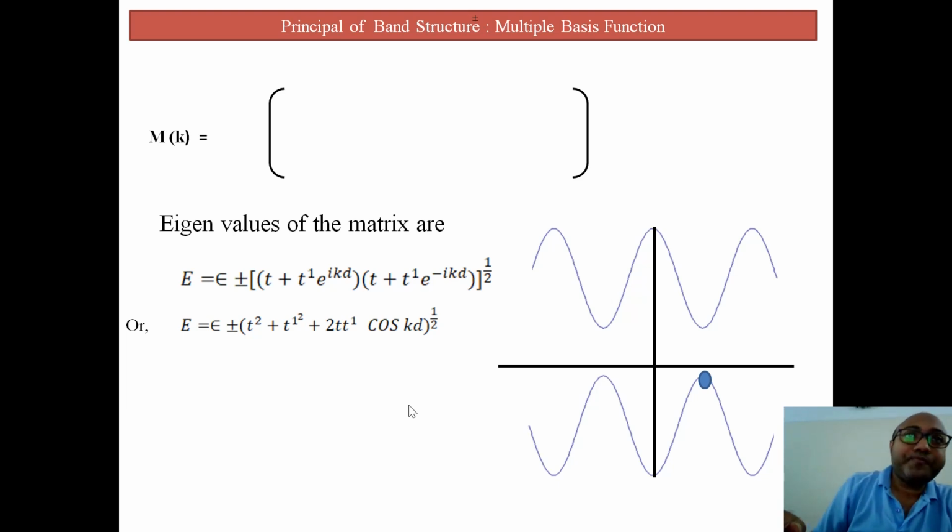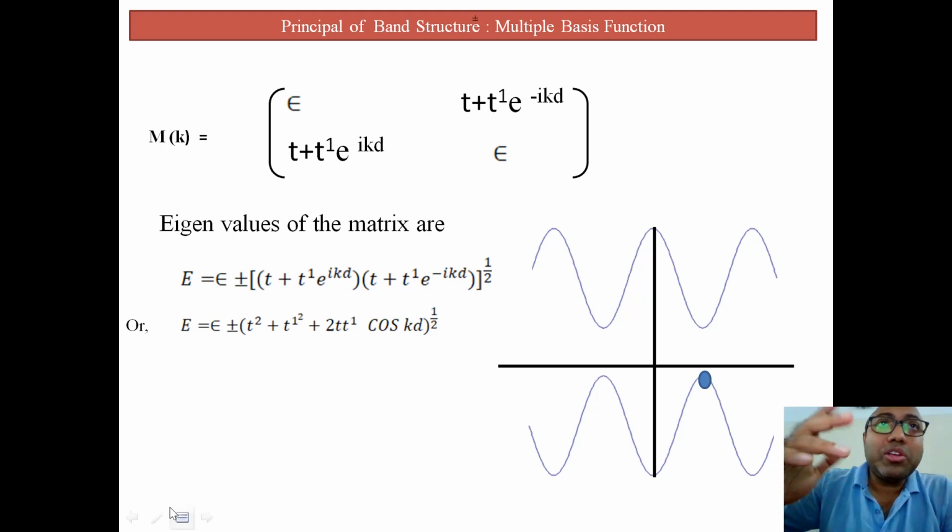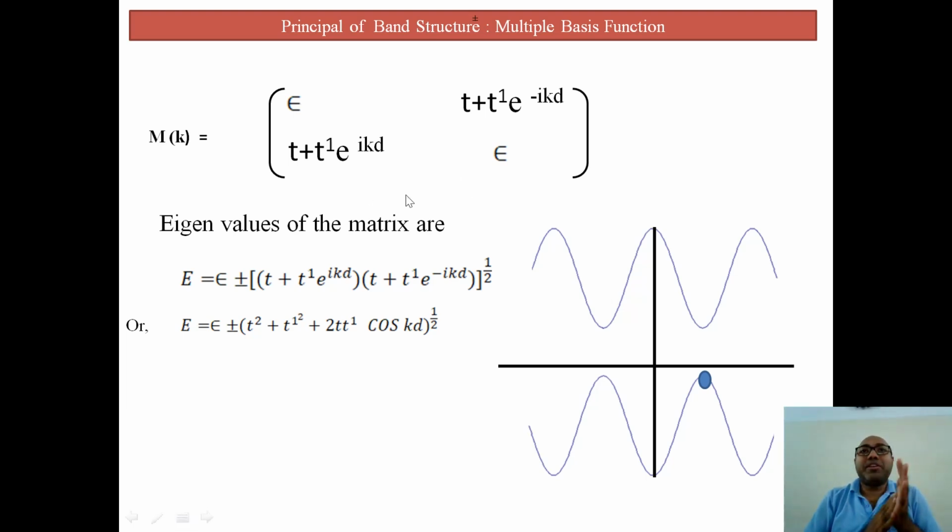Now what are the eigenvalues of this matrix? So you can calculate the eigenvalues. But you know the rule of eigenvalues? Suppose we have a 2 cross 2 matrix, and if the diagonal is the same and the other diagonal entries are complex conjugates of each other, this one to this one, what are the eigenvalues? Epsilon plus minus the magnitude of this one. Okay, now what is the magnitude of this one?